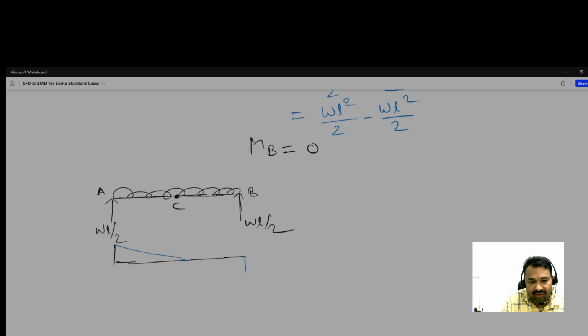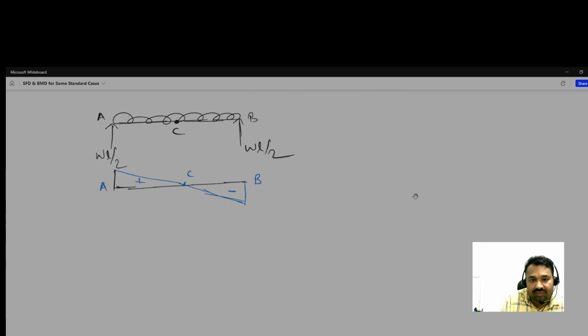It is positive, it is negative, it is C, A, B. This is the load diagram. This is the SFD, shear force diagram.